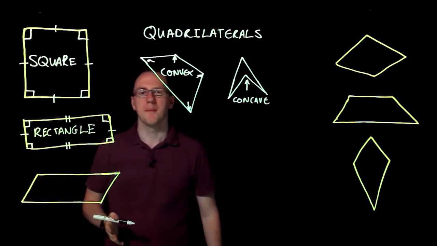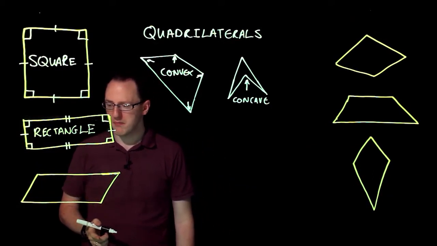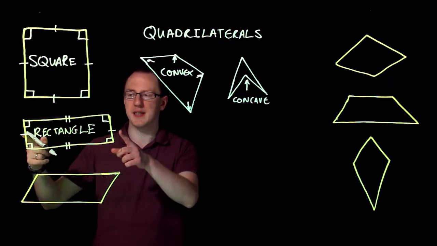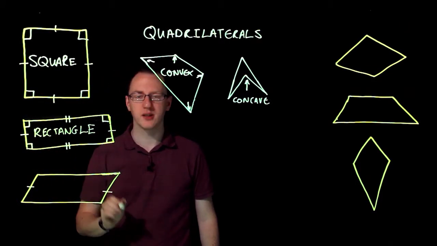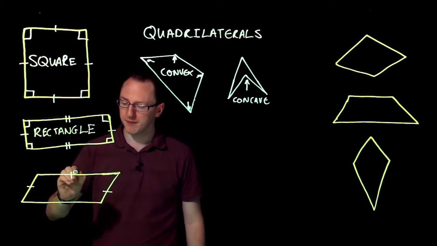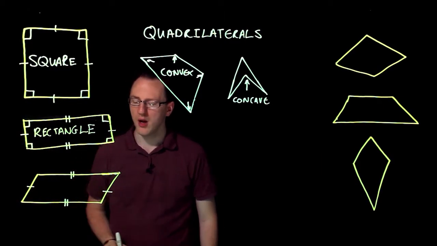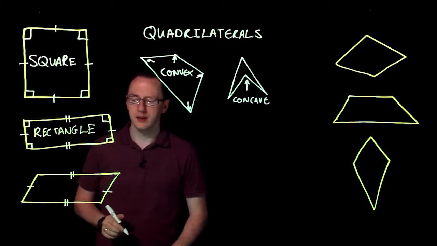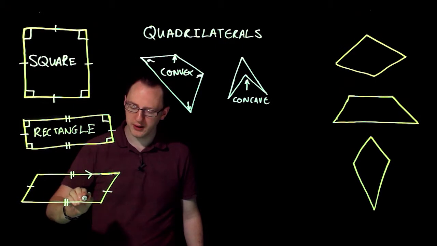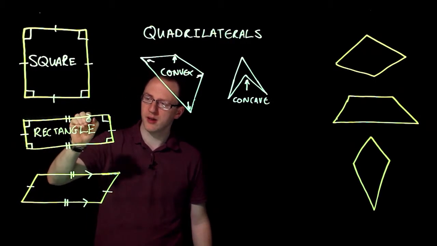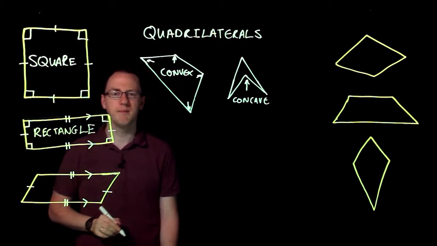The third shape I have here, again, we have a similar setup as our rectangle. Opposite sides are the same length. And like the rectangle, the top and bottom are parallel to each other. You see, that's parallel to each other, and they're parallel to each other.